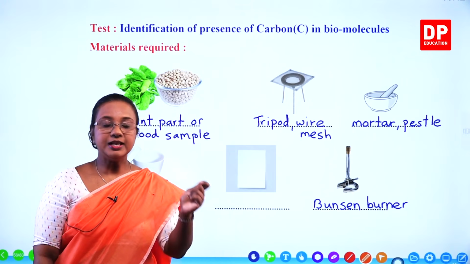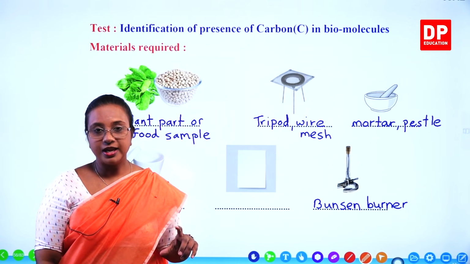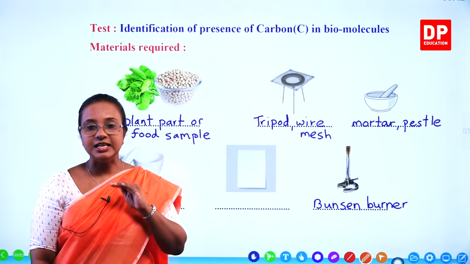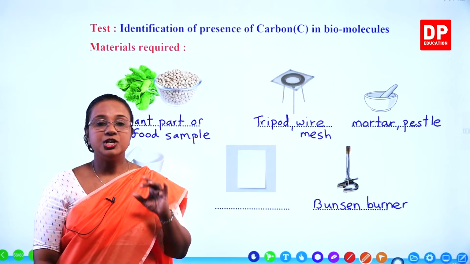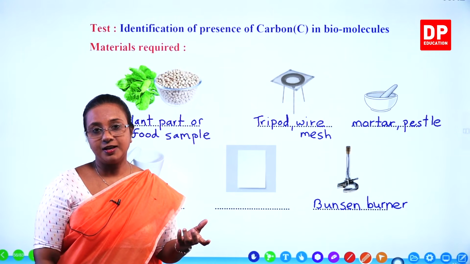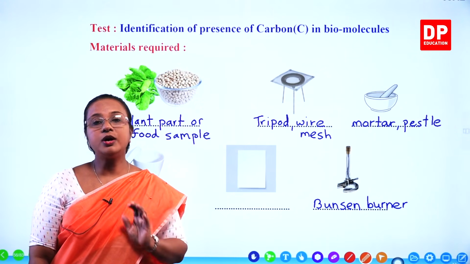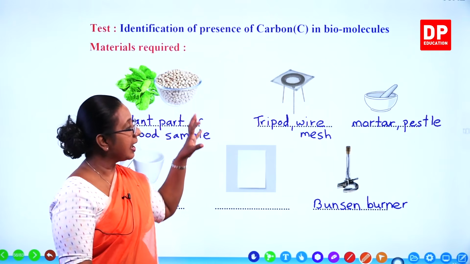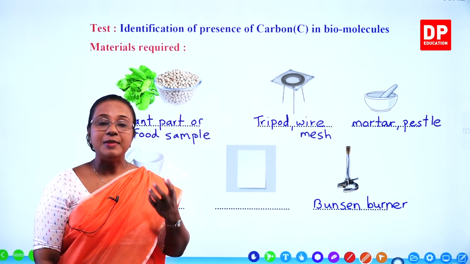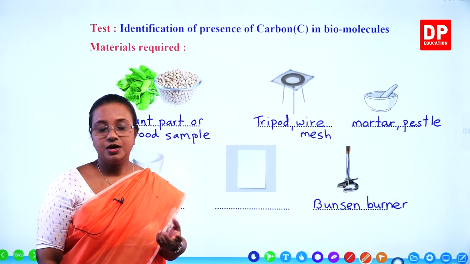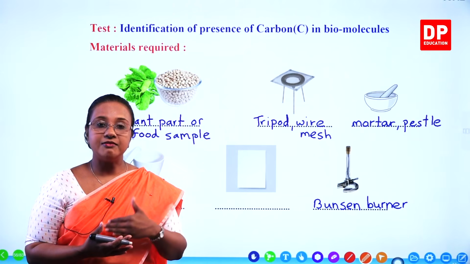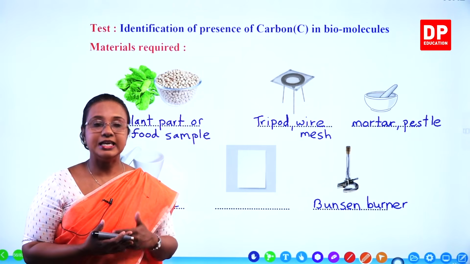We just open it and close the lid, let it get hot for some time, then again open the lid, close it, and leave it until you see the sample becoming black in color. After a long heating, the pulp, the food sample that was taken, will turn to a black color residue. When we say residue, it is the solid substance that remains after a long heating.